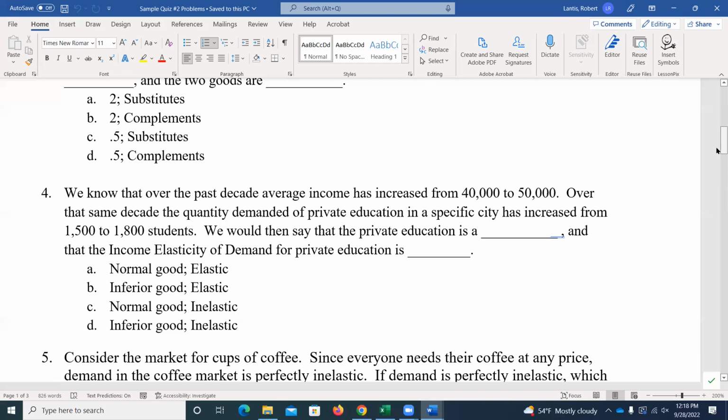Quantity getting pushed up here would then push my total revenue down. So if I was on this portion of the demand curve, what should I do to raise revenues? If decreasing the price decreased my total revenues, then to increase total revenue, I'd want to increase the price if I was on the inelastic portion of the demand curve.